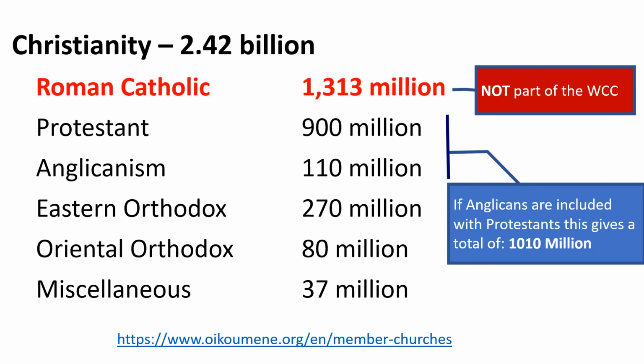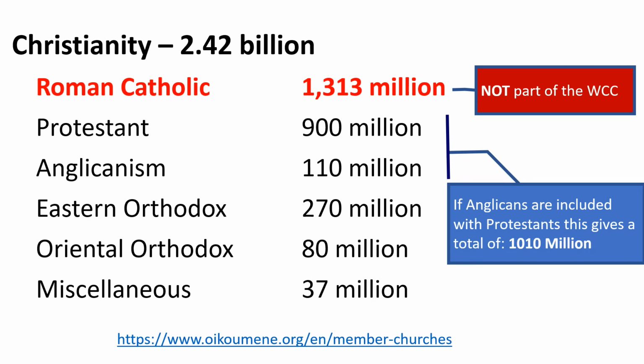So in world Christianity, Roman Catholic then is 1,313 million. They're not part of the World Council of Churches. Protestants, the ones counted as Protestants, 900 million. Anglicanism, another 110 million. Anglicanism is sort of a Protestantism, really. Eastern Orthodox, 270 million. Oriental Orthodox, 80 million. And then miscellaneous, 37 million.